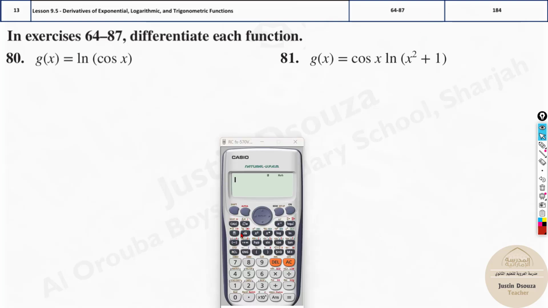Over here, we will first do dy by dx, ln, cosine, no shift, just cosine of alpha x, close the bracket, at x is 1.5. Look, I have opened 2 brackets and closed 2 brackets. Everything is all right, but I still get a syntax error. The reason is the computation cannot happen.